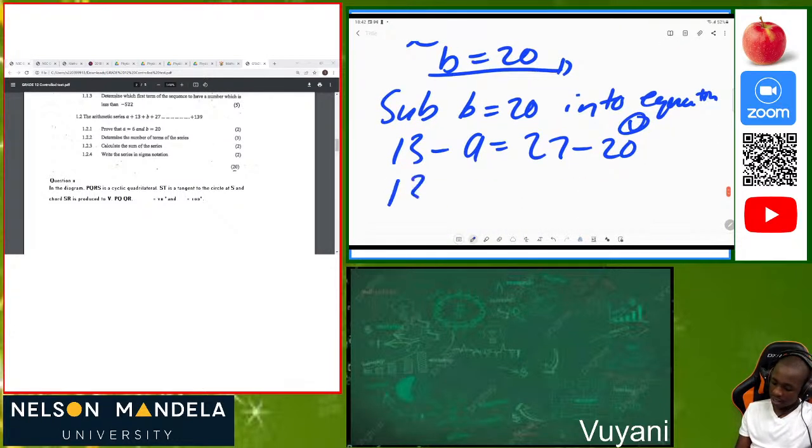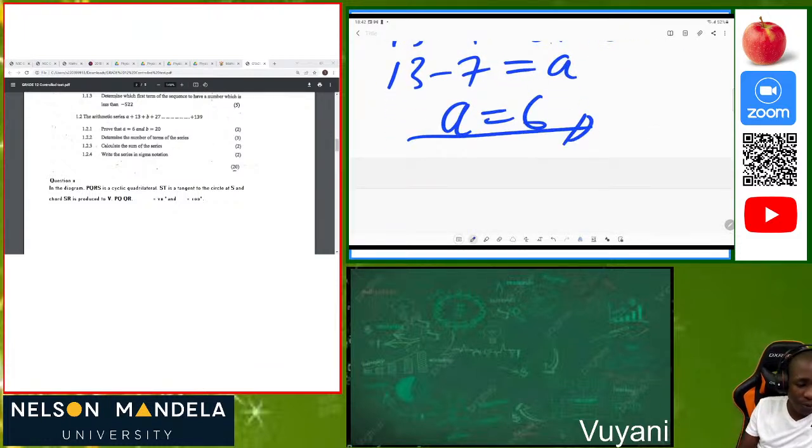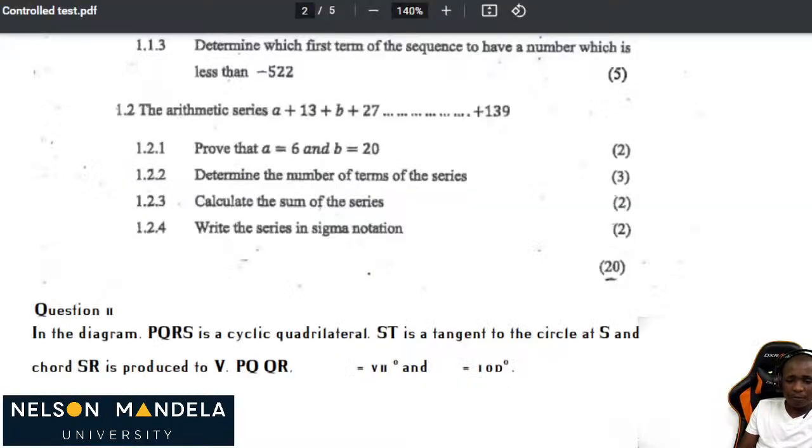Then 13 minus 7 is equal to a, because 27 minus 20 is equivalent to positive 7. Moving it to that side, it will be negative 7, and negative a transposed to the other side will be positive a. Then our a is equal to 6. So we were able to prove that a is equivalent to 6. Now let's move on to the next one.